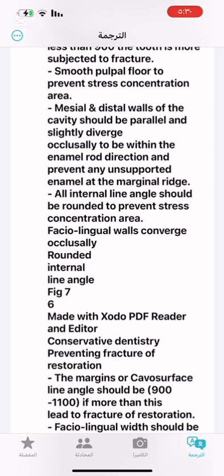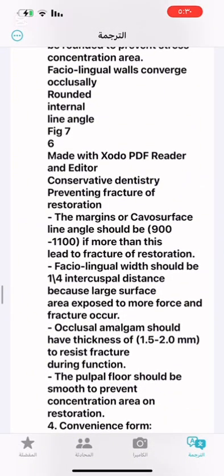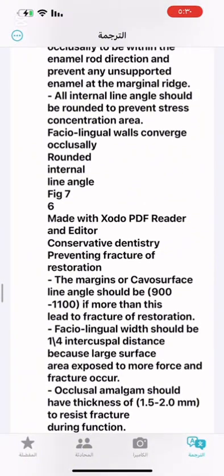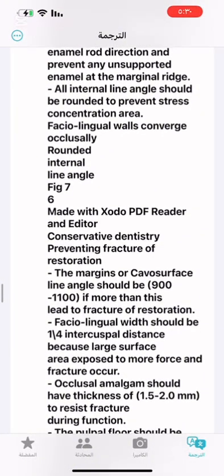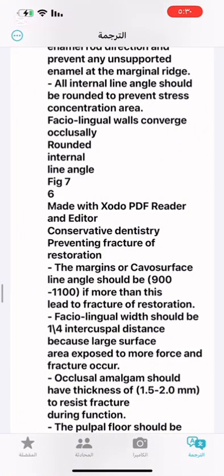Fig 6. Resistance means of Class I: removal of unsupported enamel by making the margin 90 to 110 degrees, because at less than 90 degrees the tooth is more subjected to fracture. Smooth pulpal floor to prevent stress concentration areas. Mesial and distal walls of the cavity should be parallel or slightly diverge occlusally, to be within the enamel rod direction and prevent any unsupported enamel at the marginal ridge.